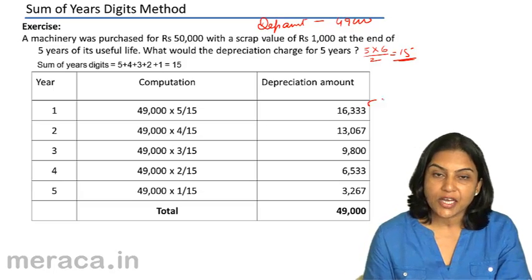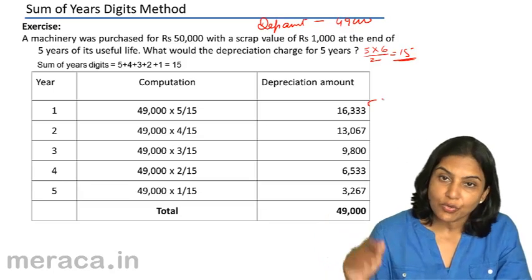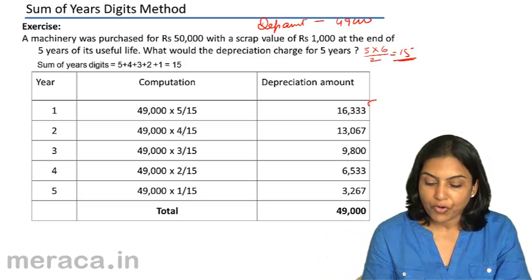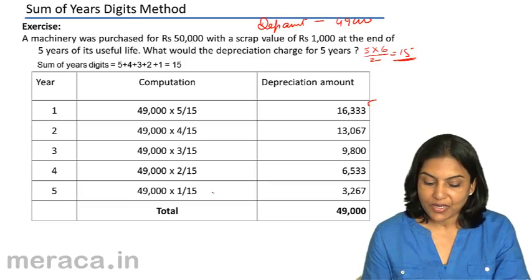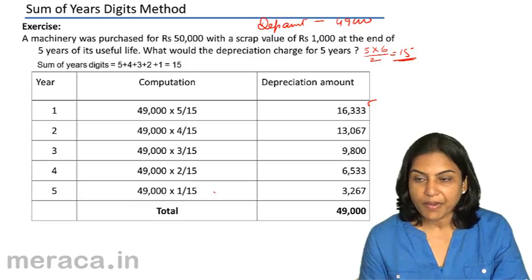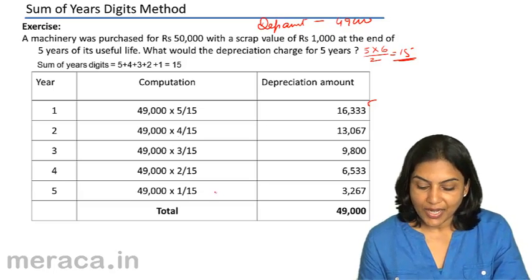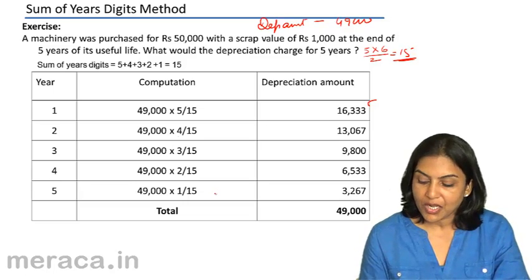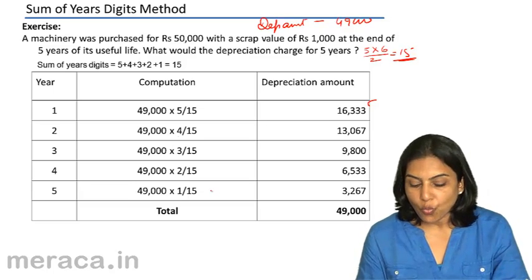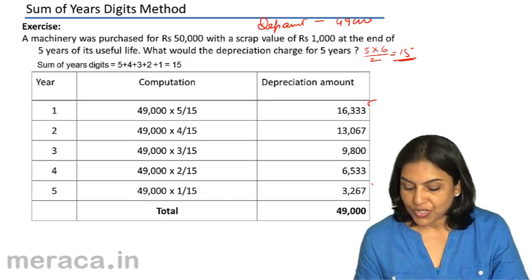Second year, 49,000 into the remaining life, including the second year, would be 4 by 15, equal to 13,067. Third year, similarly, depreciable amount into 3 by 15, that is 9,800. Fourth year, 49,000 into 2 by 15, 6,533, and finally 49,000 into 1 by 15, 3,267.